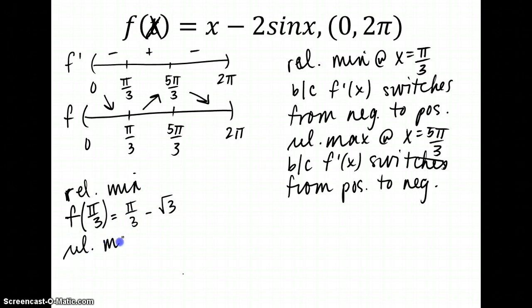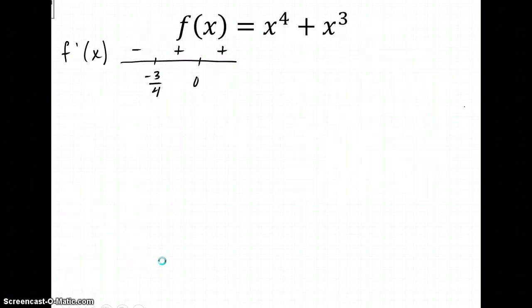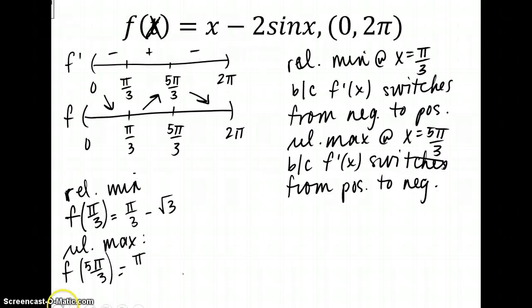And your relative maximum: plug 5 pi over 3 back into the original function and verify that you get 5 pi over 3 plus the square root of 3.